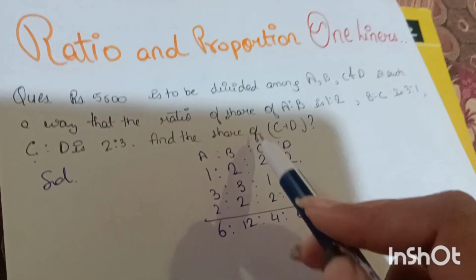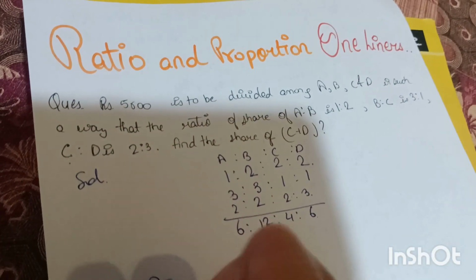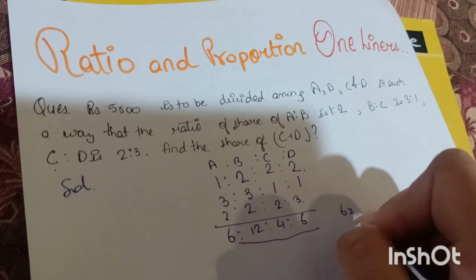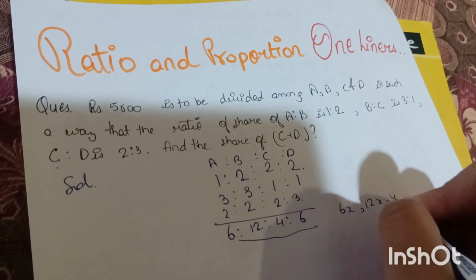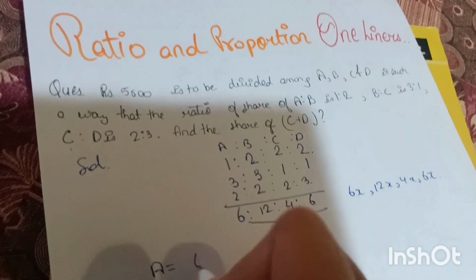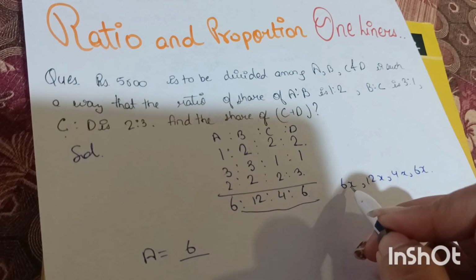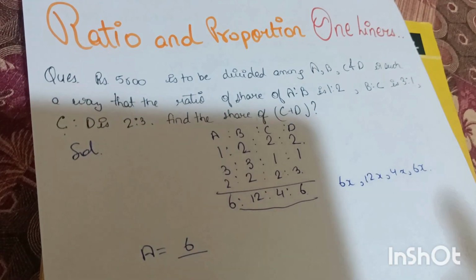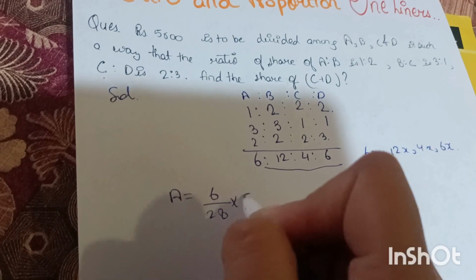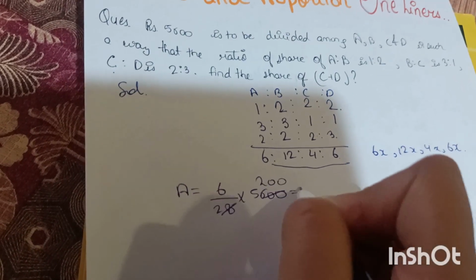Now we have been given the total value. So for finding A, you can take these values as 6x, 12x, 4x and 6x. Then you'll add this, you'll get 28, and A will be 6 upon 28 into 5600, so you'll get 1200.